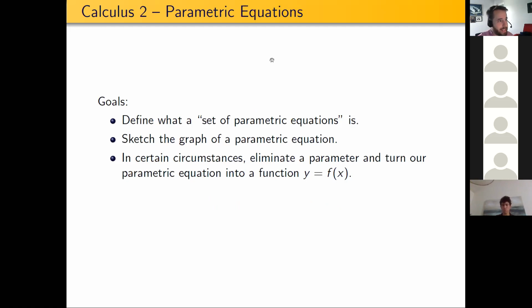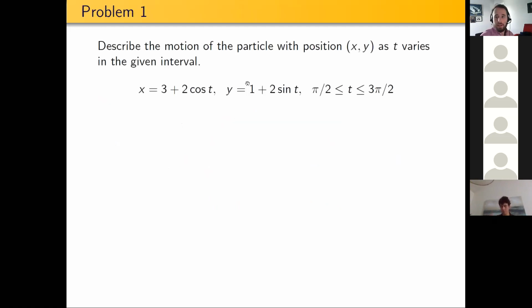Just to set the stage and remind us of what we saw in the YouTube videos, I wanted to talk through an example in which we are given this pair of parametric equations and asked to graph it. Describe the motion of the particle with position x comma y, that's really x of t comma y of t, as t varies in the given interval.